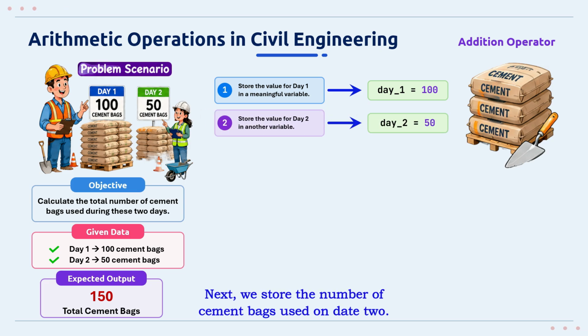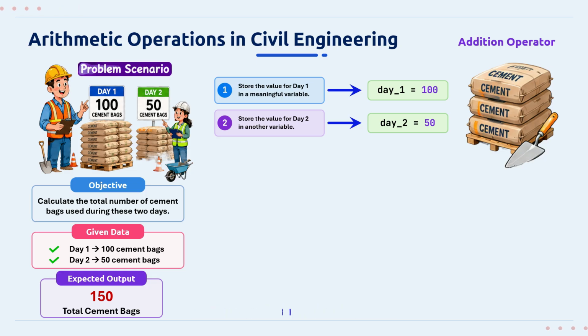Next, we store the number of cement bags used on day 2. For this, we create another variable day_2 and assign it the value 50. Now, our program has stored the data for both days separately in 2 variables, that is day_1 and day_2.